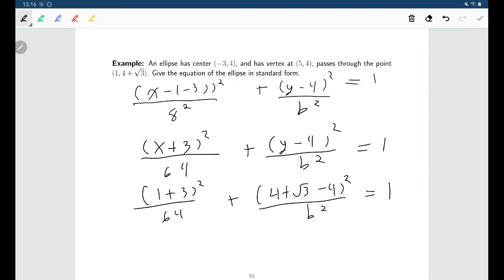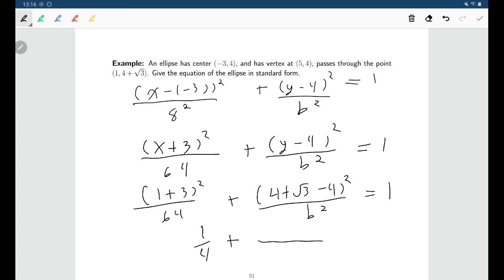This makes things a little bit easier for me because now you notice there's only one unknown in this equation. There's only b, so now I'll be able to solve for b. This first fraction that I have here, the numerator, 1 plus 3 is 4. 4 squared is 16. So that first fraction is 16 over 64, which simplifies to really just 1/4.